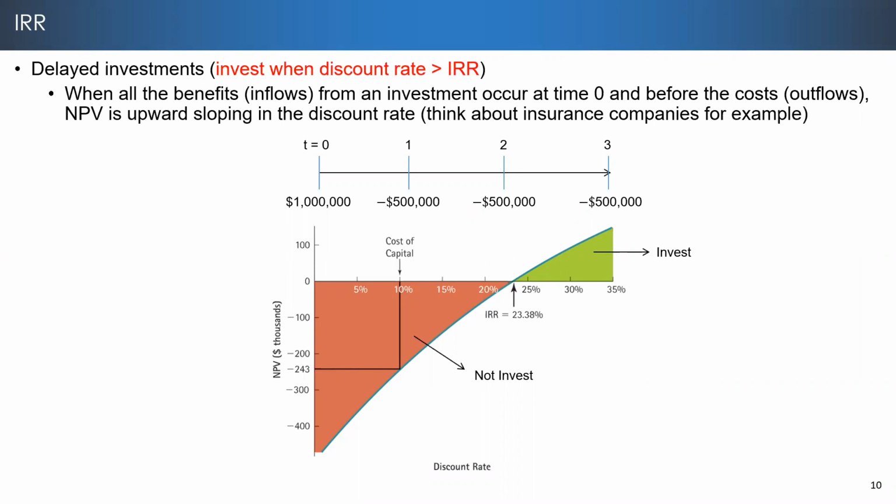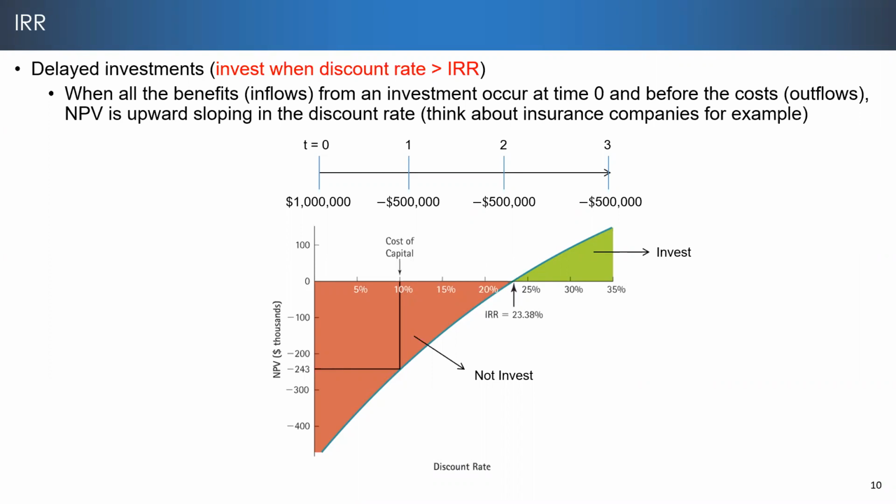Let me pause here for like 5 seconds and think about this. Let's say we have a 10% discount rate. Then the first period's negative outflow will become negative 500K divided by 1.1, if we want to calculate the present value. If we increase our cost of capital to, say, 20%, then the present value of the first piece of cash flow will be negative 500K divided by 1.2.